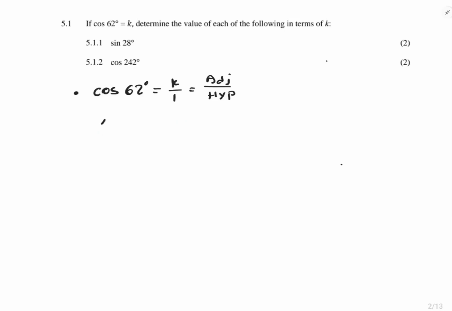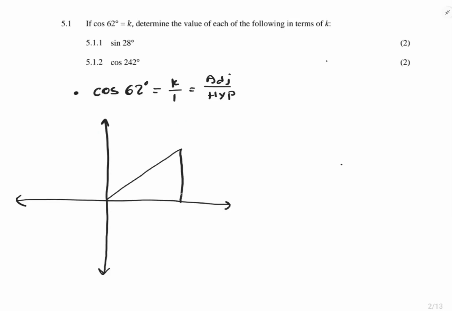So let's go to a Cartesian plane real quick. Then we have our right angle triangle, and let's say this is the 62 degrees that we're looking at. Our adjacent is here, our hypotenuse is here, and this side is going to be the opposite. We have this side and this side as k, but we don't know what this side is.